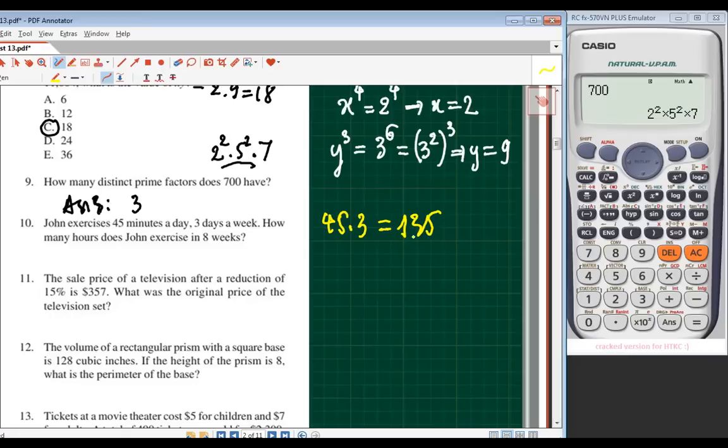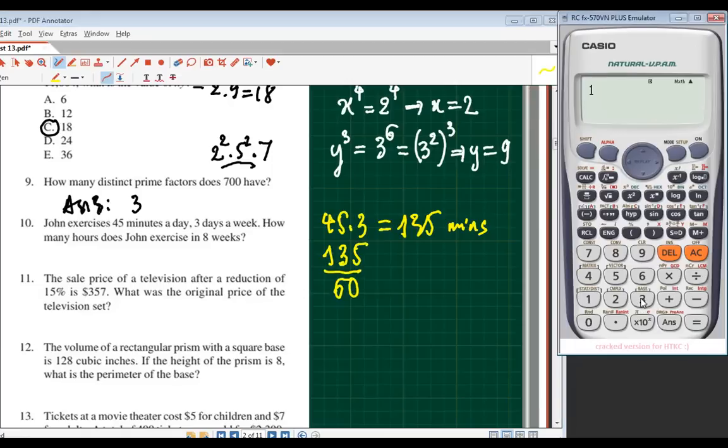We need to convert these to hours. 135 divided by 60 equal 2.25 hours.